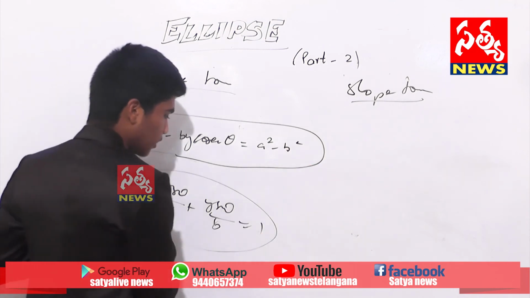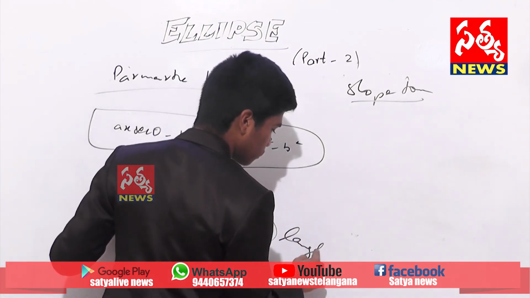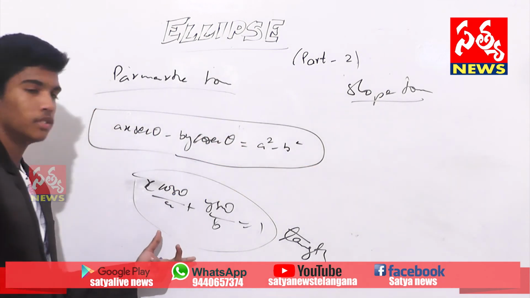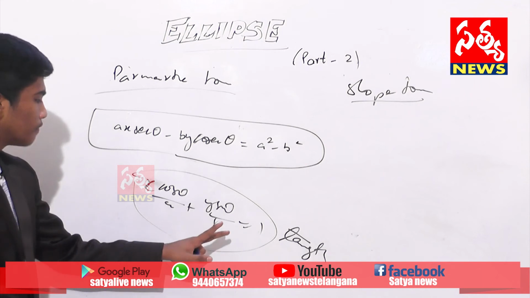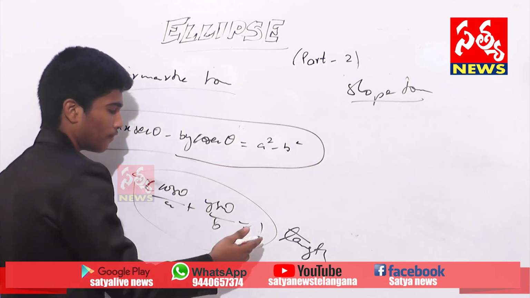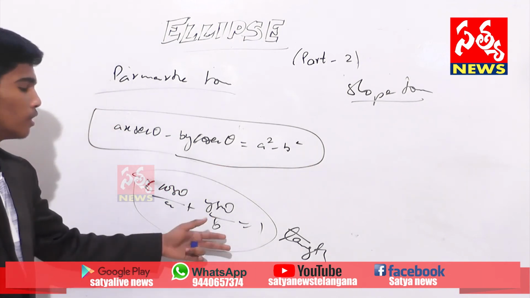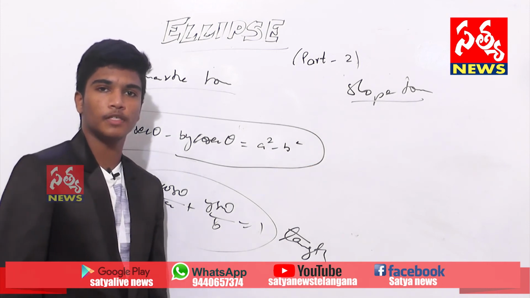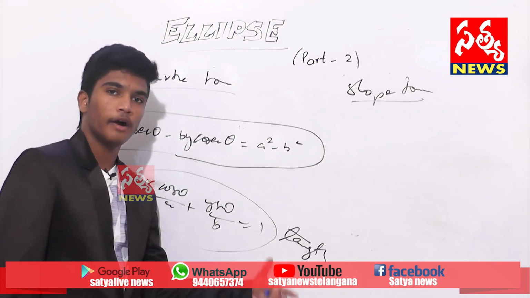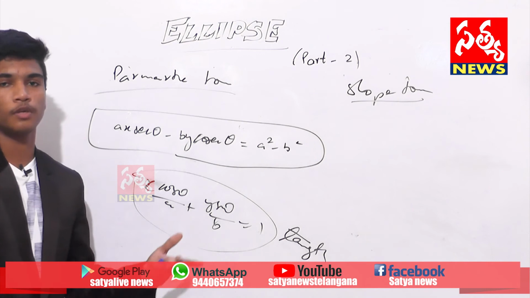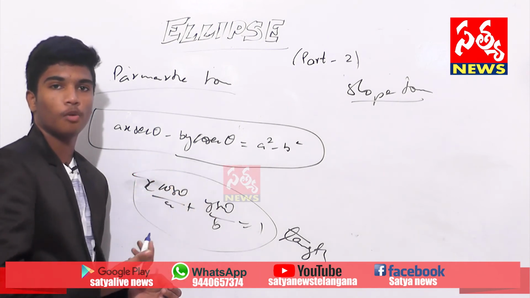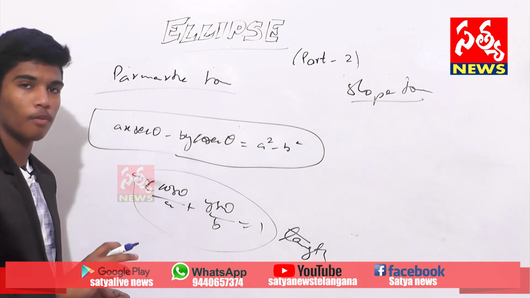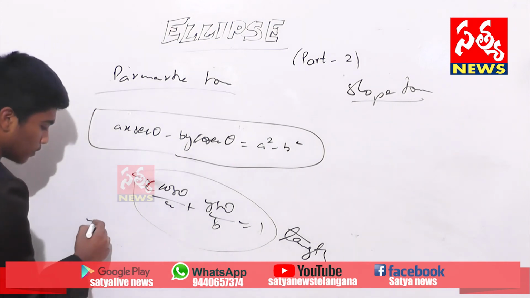This is the equation of tangent, parametric form of tangent. From here we have to find the value of y in terms of y equals to mx plus c, finding the value of m, again m1 m2 equals to minus 1, find out the m2 which is the slope of normal.